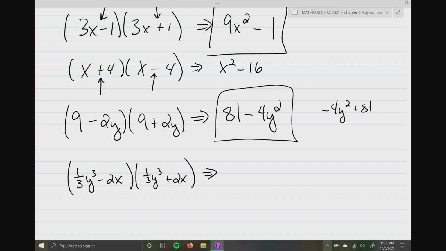Well, let's think about this. You ready? We know they're conjugate pairs, so all I have to do is multiply those together. All right, so what's 1/3 times 1/3? 1/9. And what's y to the third times y to the third?